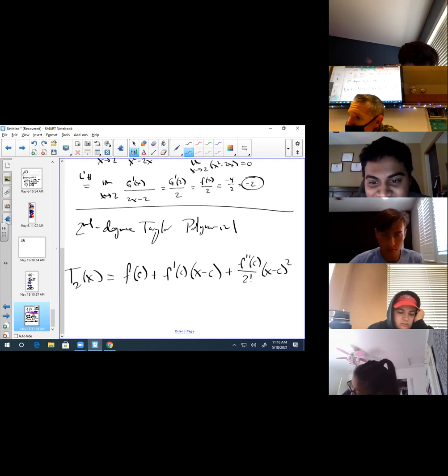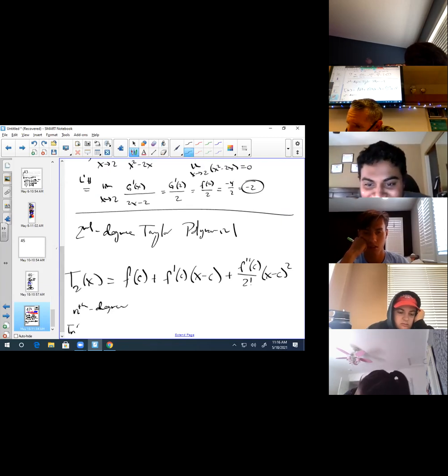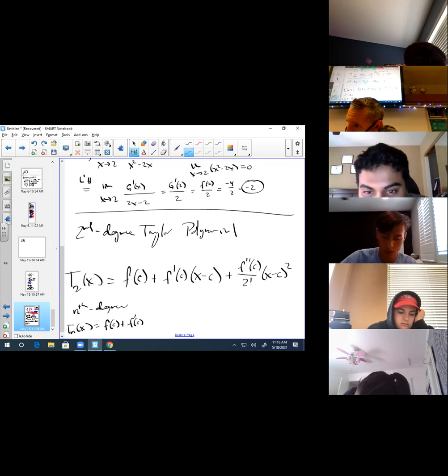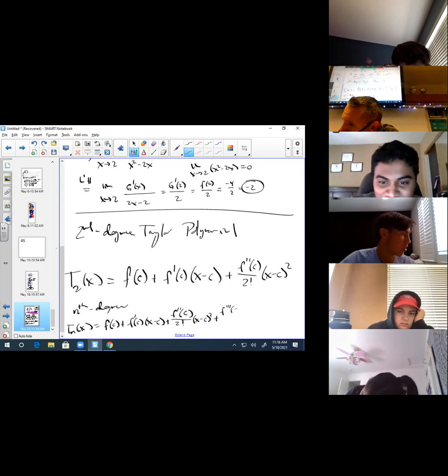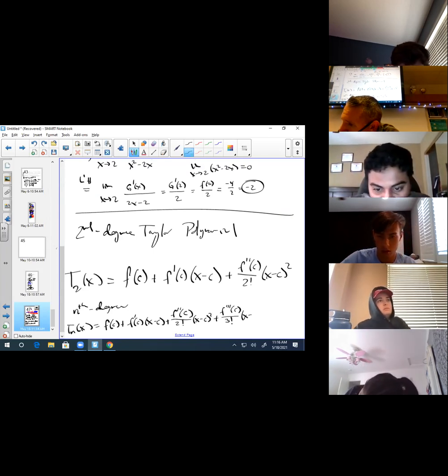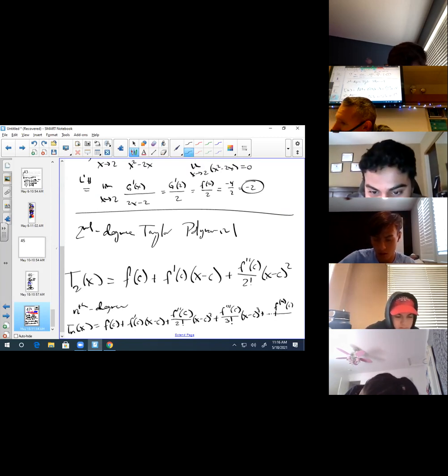Because even more general, the nth degree is T sub n of x, which is f of c plus f prime of c times x minus c plus f double prime of c over 2 factorial times x minus c squared plus f triple prime of c over 3 factorial times x minus c cubed plus dot dot dot plus the nth derivative of f at c over n factorial times x minus c to the n.